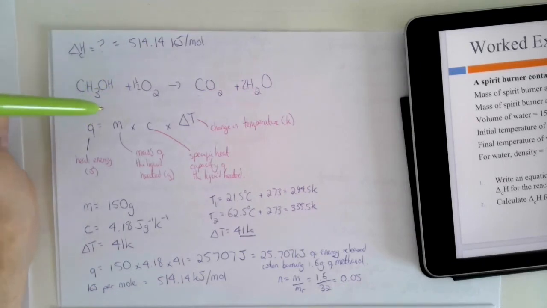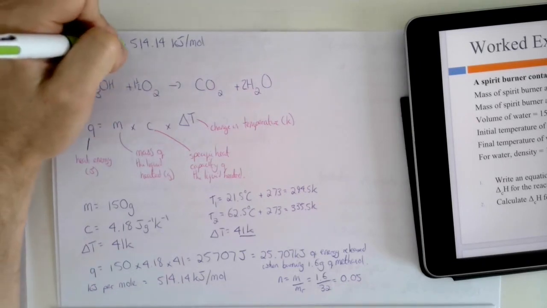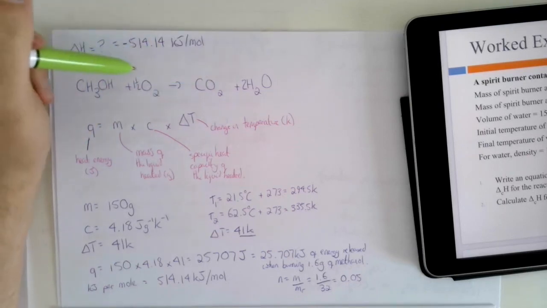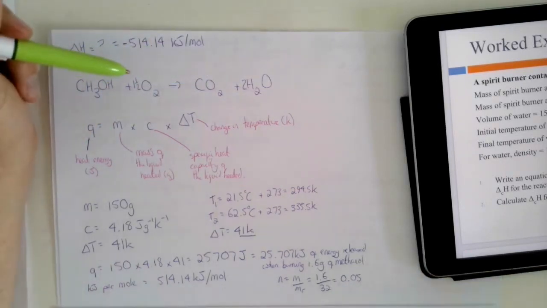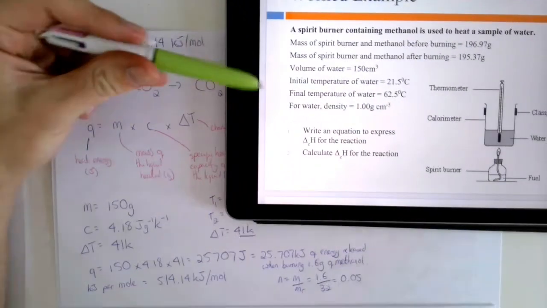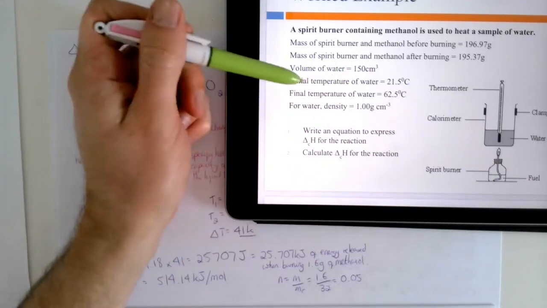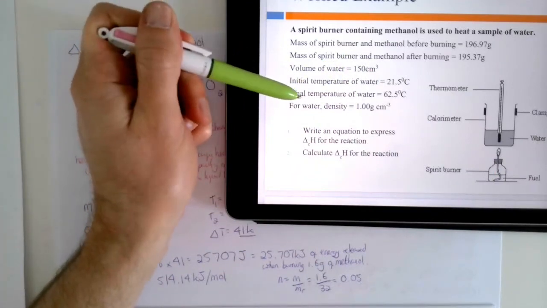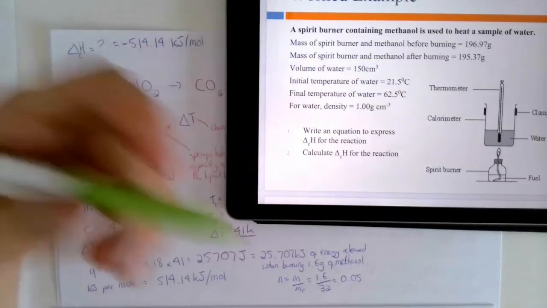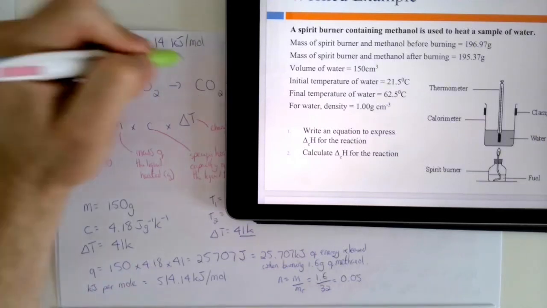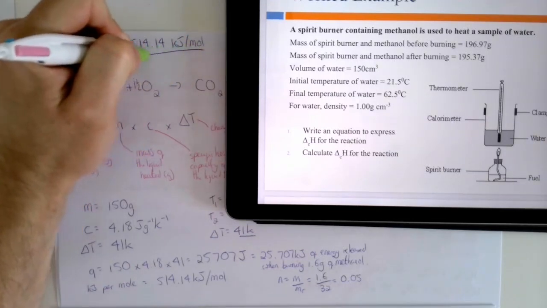Because if it's exothermic, this value needs to be negative, and if it's endothermic, the value needs to be positive. How can I work that out? If you look, the fuel is releasing energy to the surroundings, it's causing things to get hotter. So this is therefore an exothermic reaction, and the enthalpy change is therefore negative. So the answer to that question is that there.